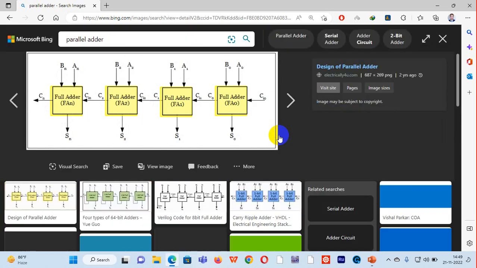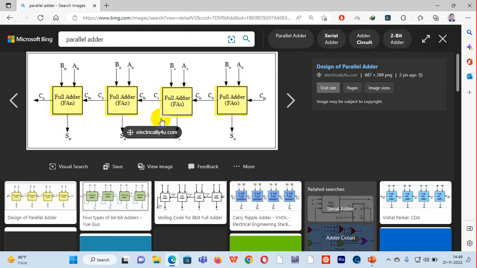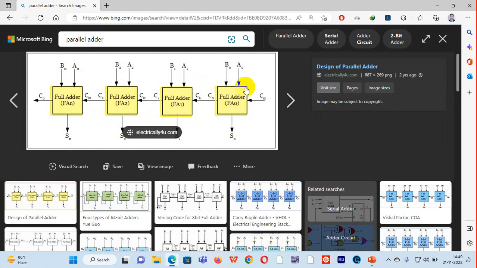There are 4 bits, and for each bit we have a full adder. They're connected together in parallel. This is bit position A0, B0, second bit, third bit, and fourth bit. This is the output. This is the carry in. Carry out of the first 1-bit full adder becomes the carry in of the second full adder. So this is called a parallel adder.